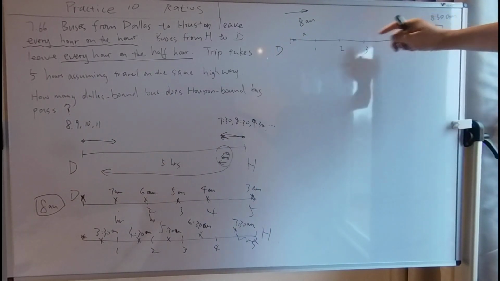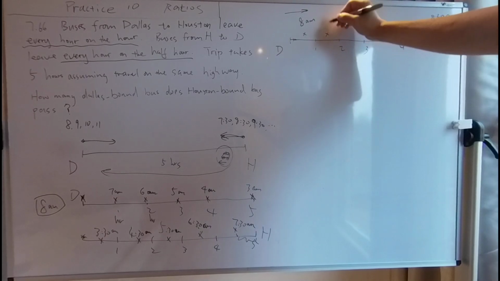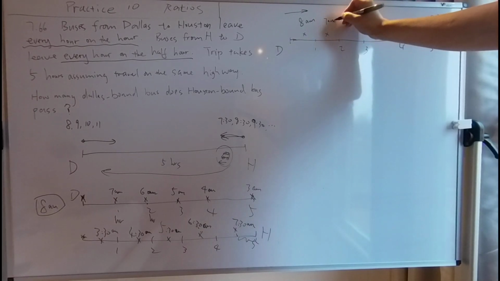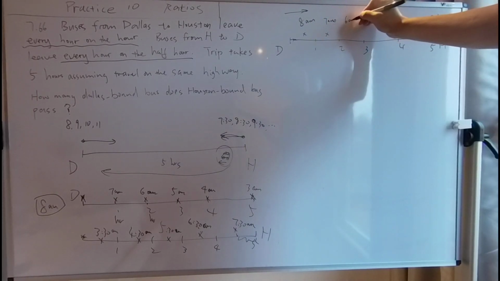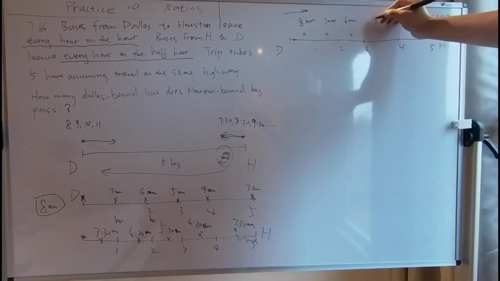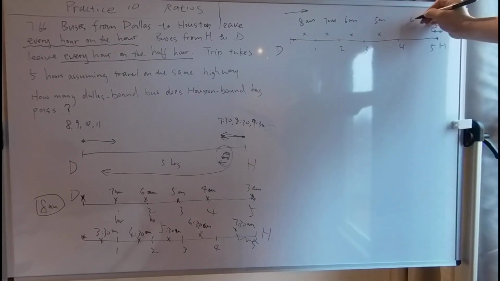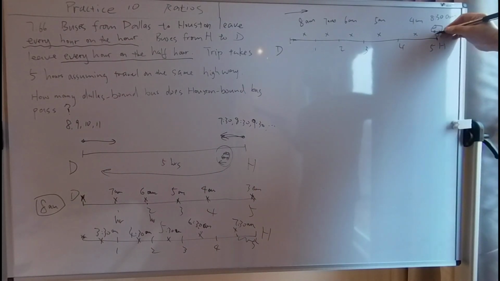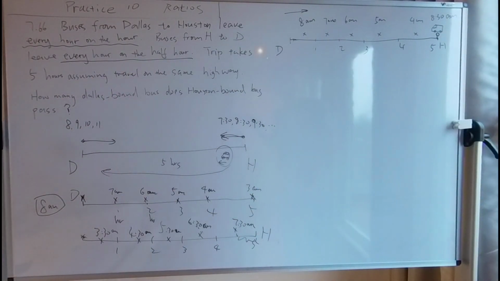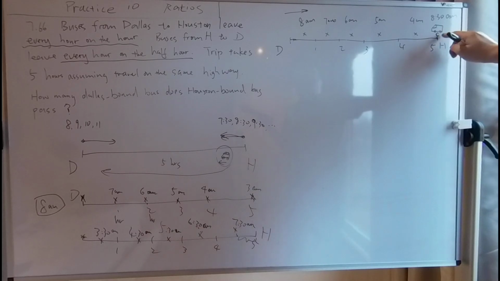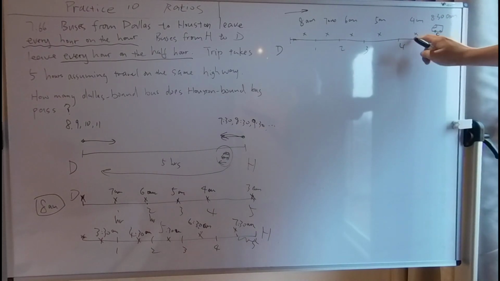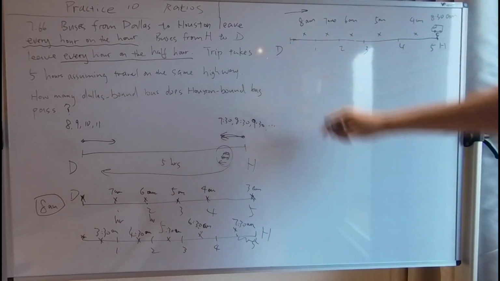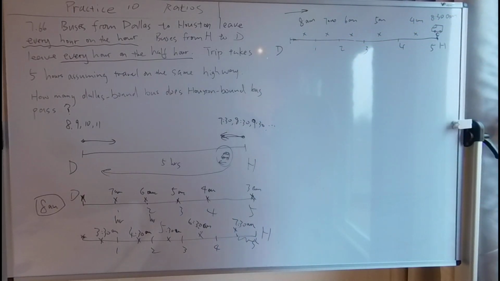Because it's 8:30. And correspondingly, your 7 a.m. Dallas bound bus is here, the 6 a.m. bus, 5 a.m., 4 a.m. So I'm using the cross to represent the Dallas bound buses, right? So which means at the beginning of 8:30, at the time of 8:30, there are already 5 buses on the way, right?